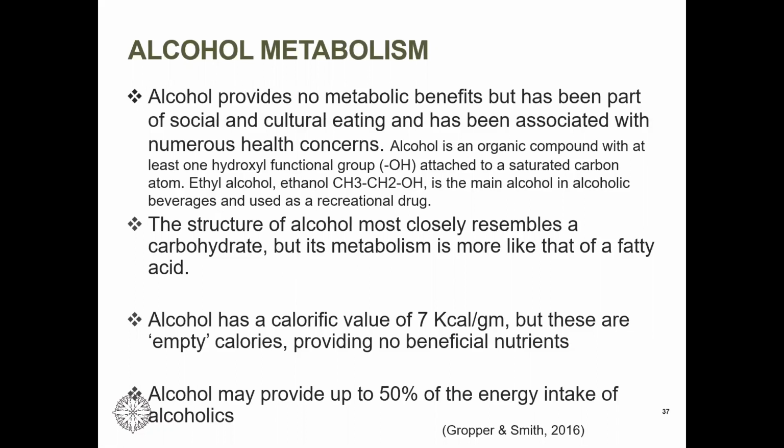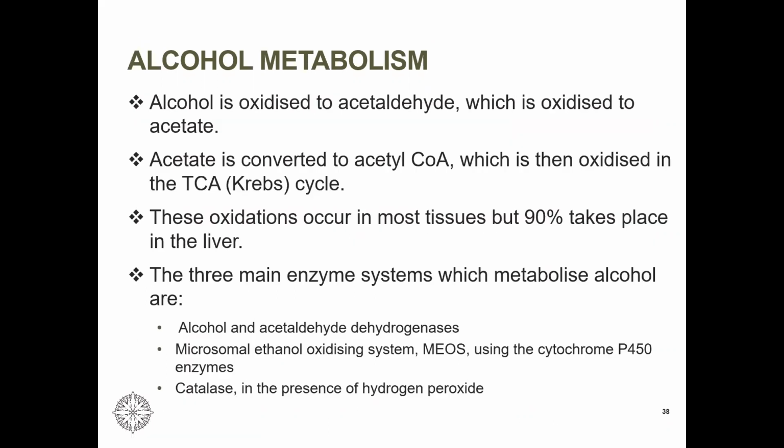Okay, let's move on to alcohol metabolism. We all know it has a lot of social and economical implications. It does not have any metabolic benefits that we know of, except for those social benefits. How is it metabolized in the body?